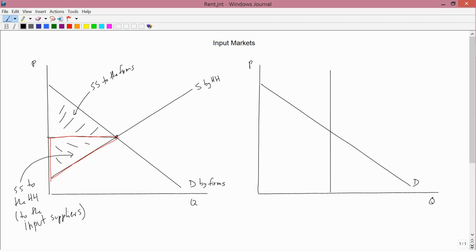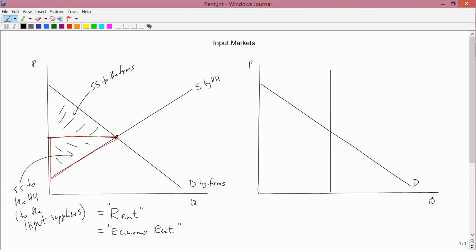So the name that we give the social surplus that goes to the input suppliers is rent. Now sometimes it's called economic rent, to distinguish it from the way that the word rent is used in everyday language.